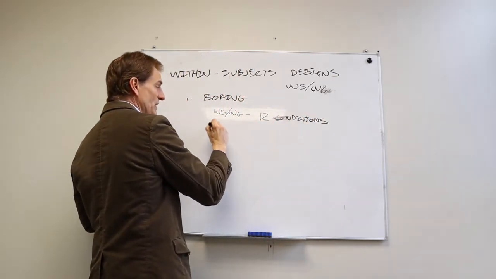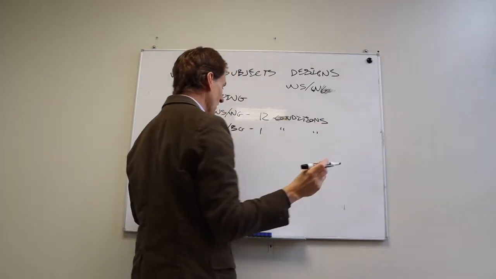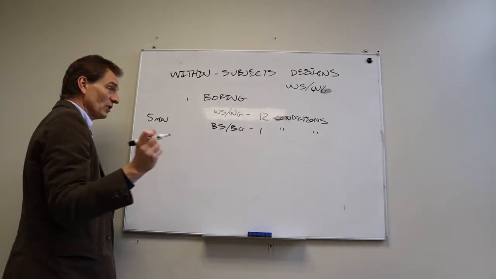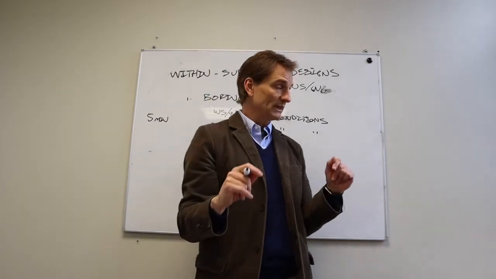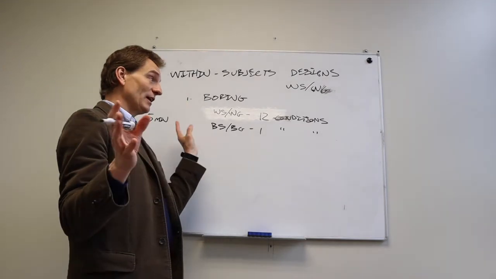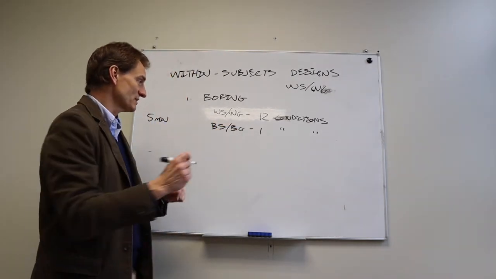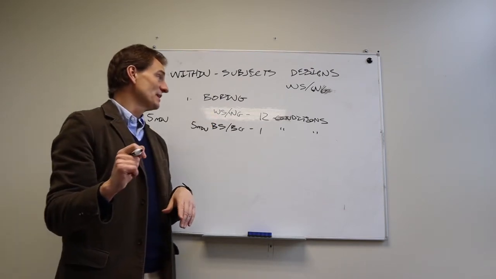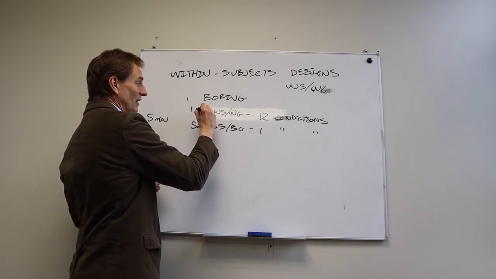If you're in a between subjects, between groups design, you're in one condition, okay? So let's say it takes 5 minutes per treatment condition, because you watch somebody read the news and then you have to recall what they said. If you run this as a within subject, I'll let you do the math in your head. If you're in this as a between subjects design, you're in the study for 5 minutes. If you're in this as a within subjects design, you're in there for 60 minutes or 1 hour.